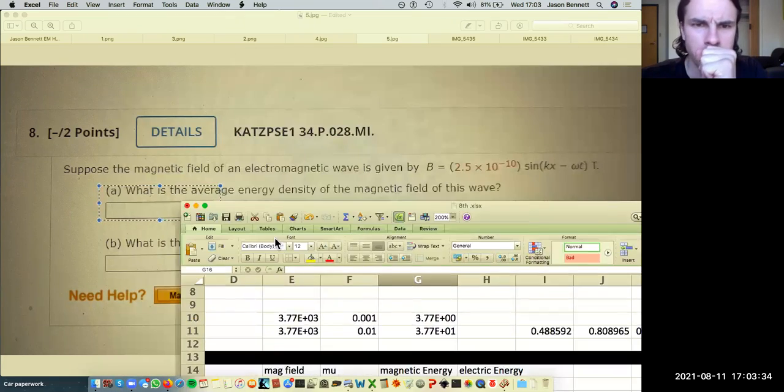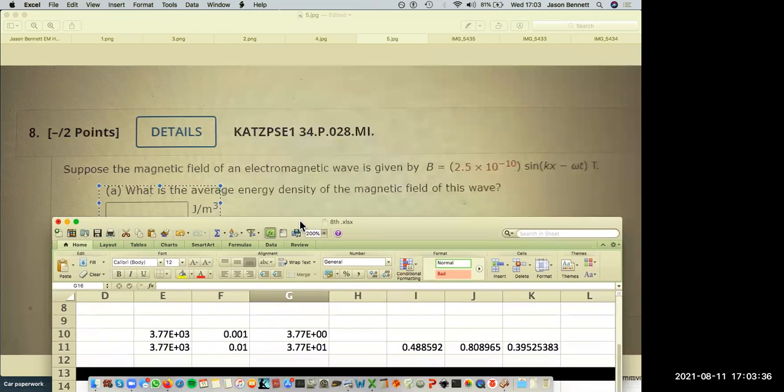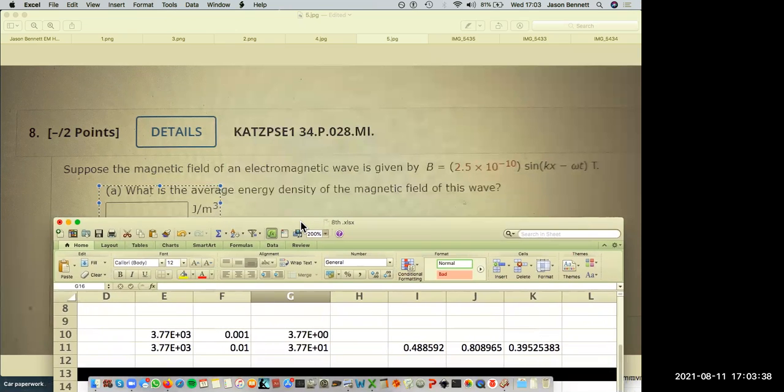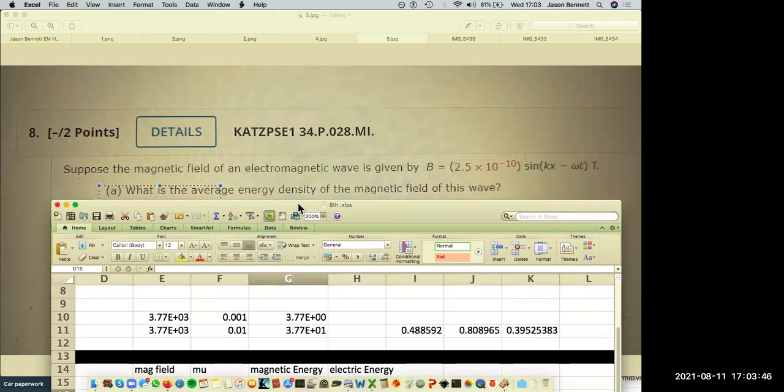Maybe because there could be something related to sine kx minus omega t. That's part of the magnetic field equation.